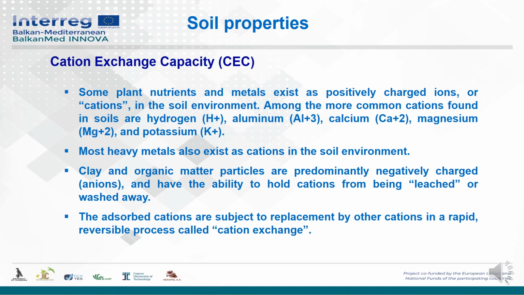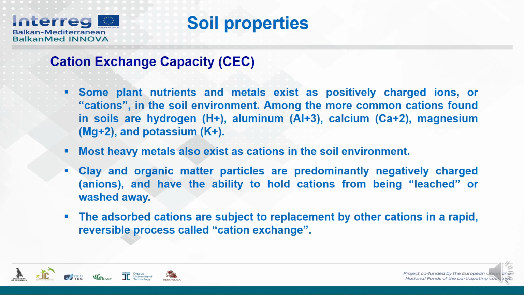Speaking still about cation exchange capacity, it is important to explain here that some plant nutrients and metals exist as positively charged ions or cations in the soil environment. Among the more common cations found in soil are hydrogen, aluminium, calcium, magnesium, and potassium. Most of the heavy metals also exist as cations in the soil environment.